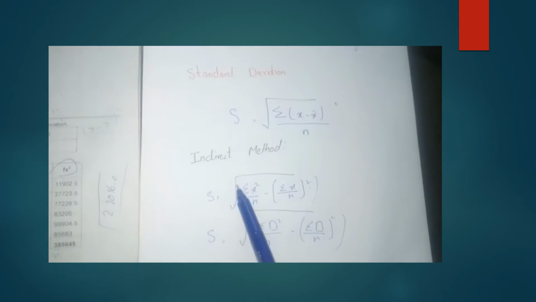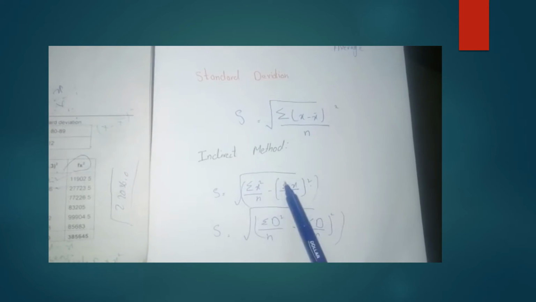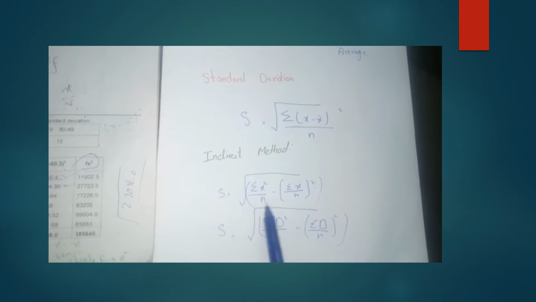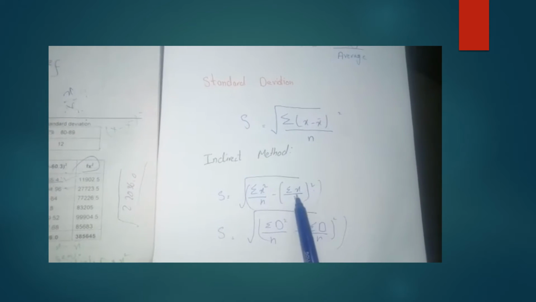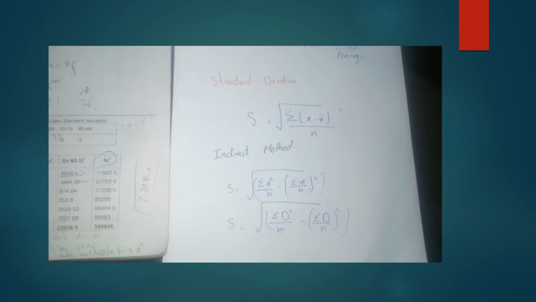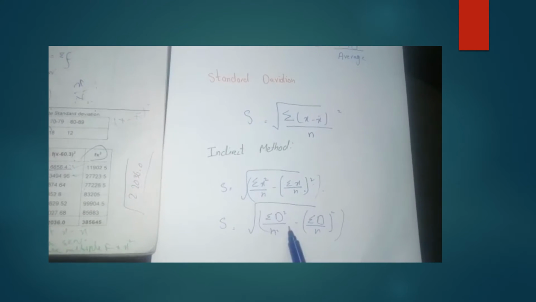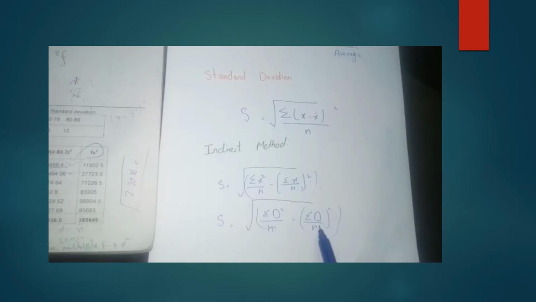Shortcut method or indirect method: summation x square divided by n minus the square of summation x divided by n. And the other method is summation d square divided by n minus the square of summation d divided by n.